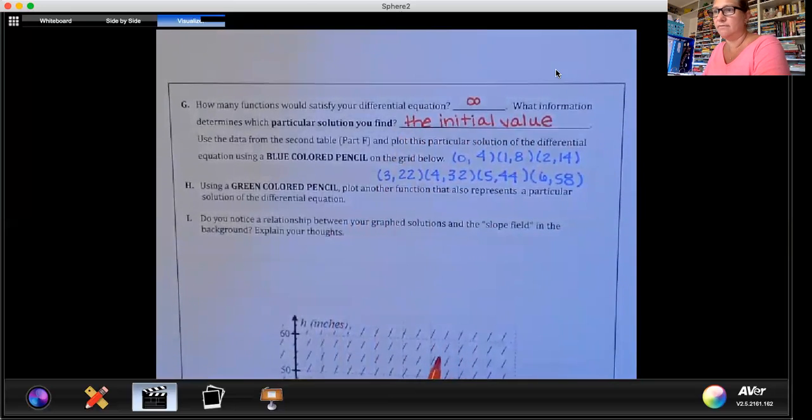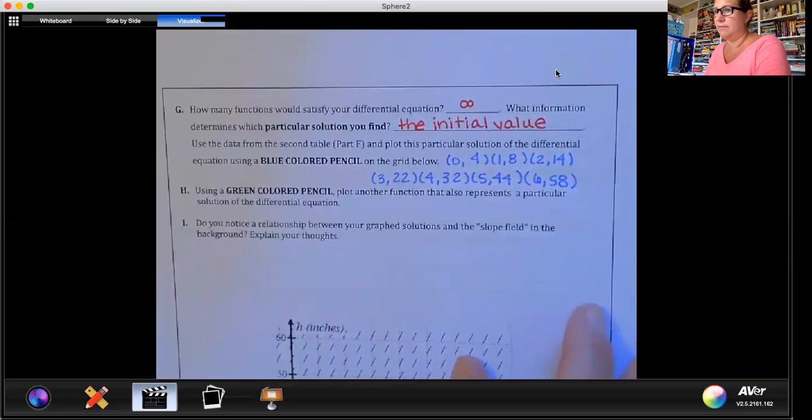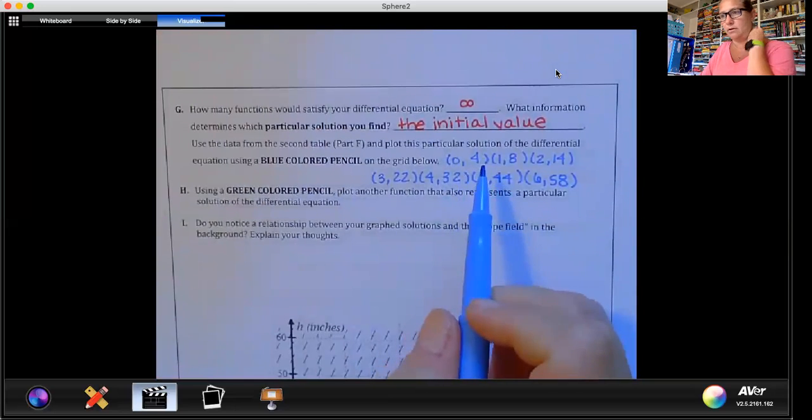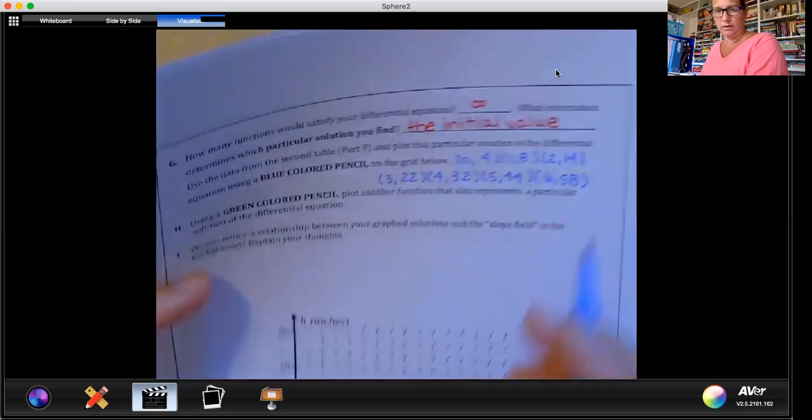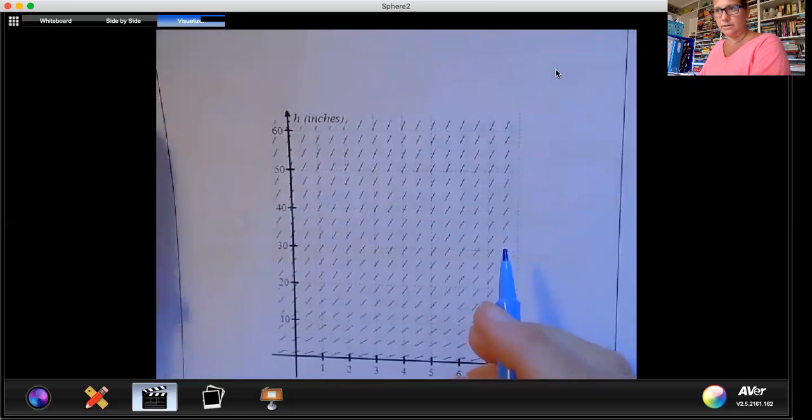So use the data from the second table, part F, and plot this particular solution of the differential equation using a blue colored pencil. Well, here are the points that you will plot based on the table. So go ahead and plot them here. This is called a slope field.